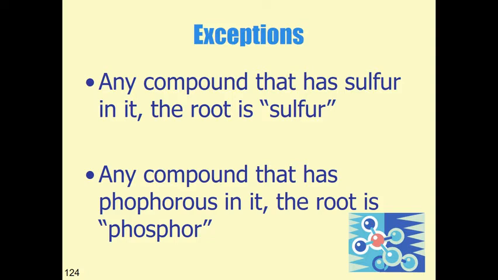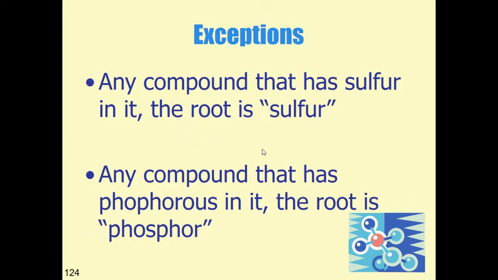So if it was sulfide, we're not going to make it hydrosulfic, we make it hydrosulfuric acid. Any compound that has phosphorus in it, so that means phosphide, phosphite, phosphate, the root is phosphor. Those are your two exceptions that you need to know.